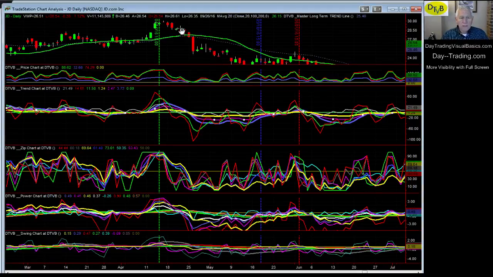So when you're thinking about being in a swing trade where you're in for multiple days, keep an eye on your trend yellow line under zero, because when it's traveling under zero and it's relatively flat, the downtrend will continue. And especially if you get some red peaks and that type of thing.